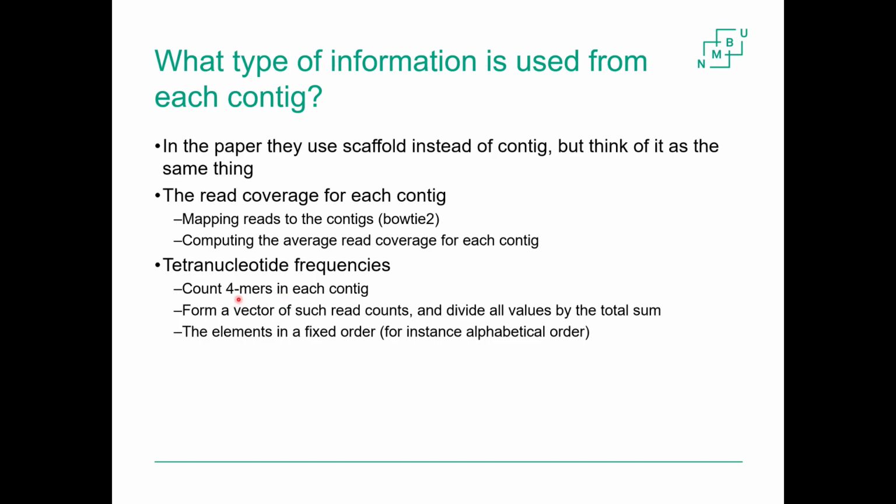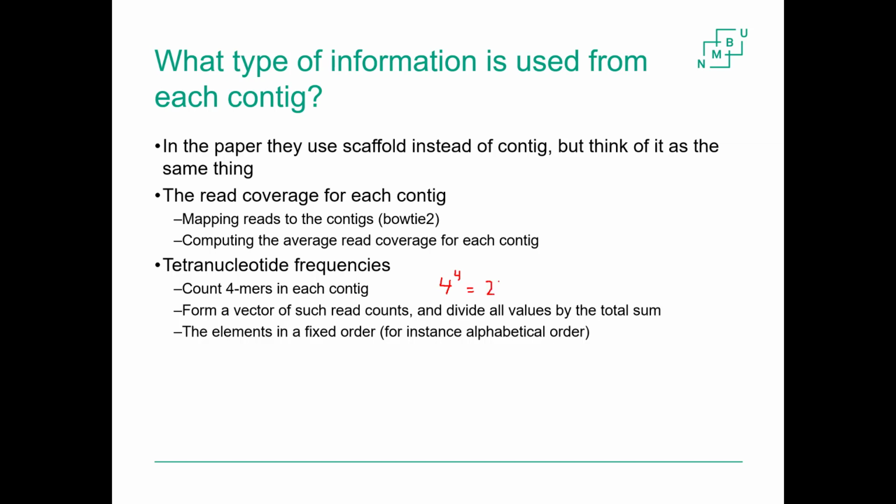How many different 4-mers can we actually have in DNA? Well, we can have 4, because there are 4 letters in the DNA alphabet, to the power of 4, since we have 4-mers. And this is 256.